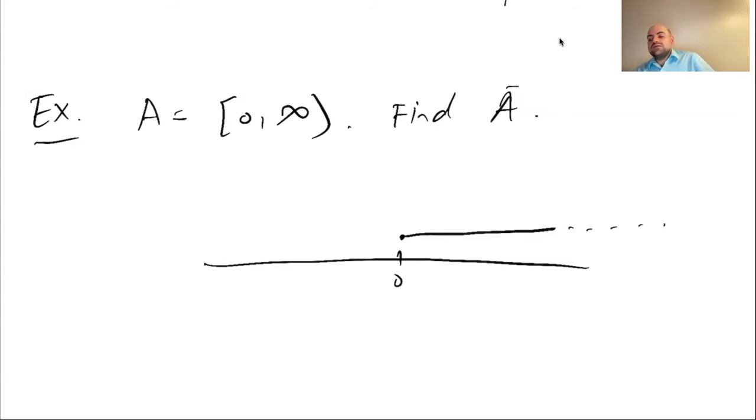But if 0 was not in A, then in A complement we would have included 0 itself. Okay, so A complement would be equal to minus infinity to 0, the elements that are not in A.